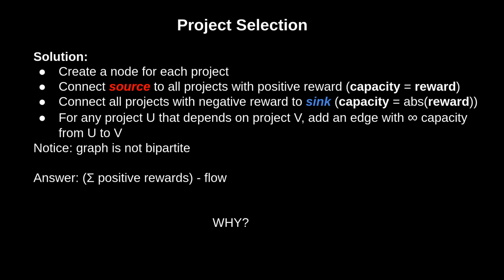For any project U that depends on project V, we will add an edge in our graph with infinite capacity from U to V. Notice that this graph may not be bipartite, because positive reward projects could depend on other projects with a positive reward, and so could negative reward projects, which would break our bipartiteness property if we were trying to split into two groups, if there were enough dependencies to break this property.